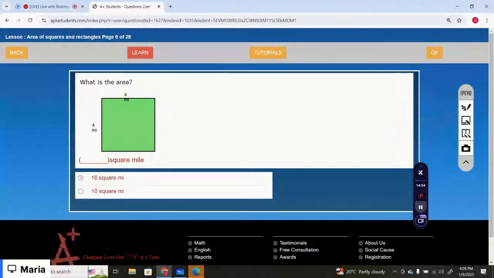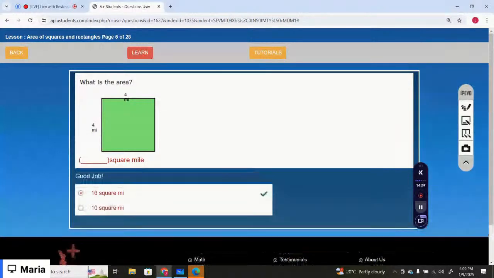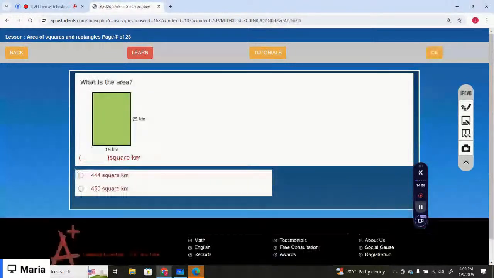Option number 1 is the correct option. What is the area?